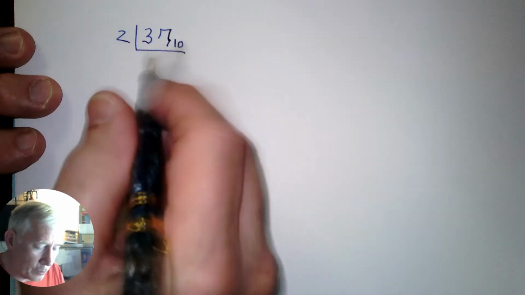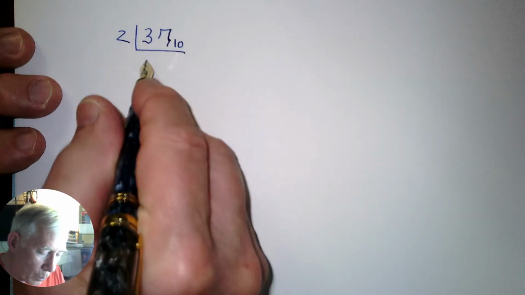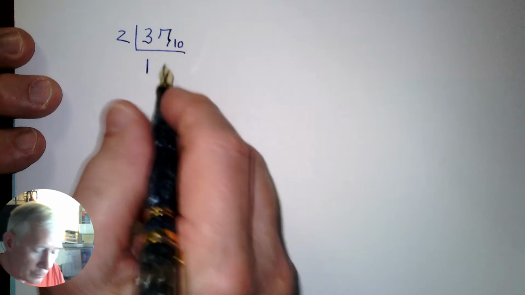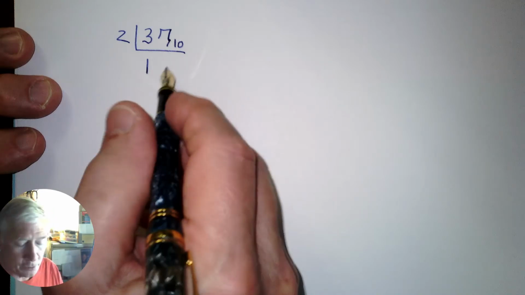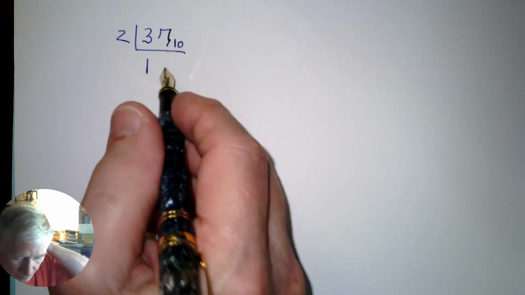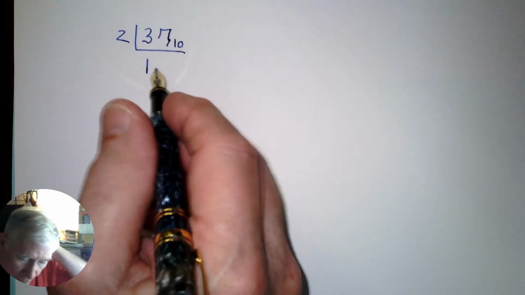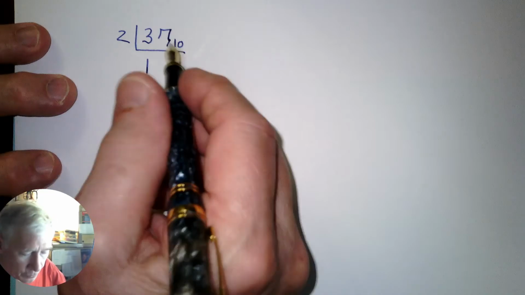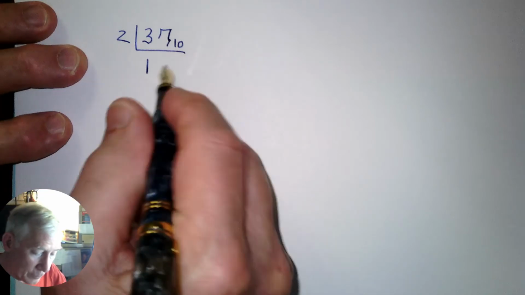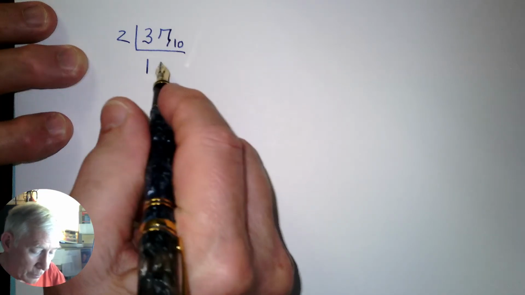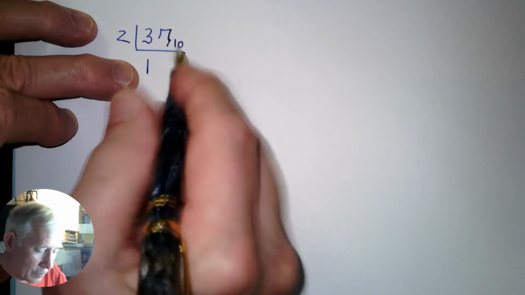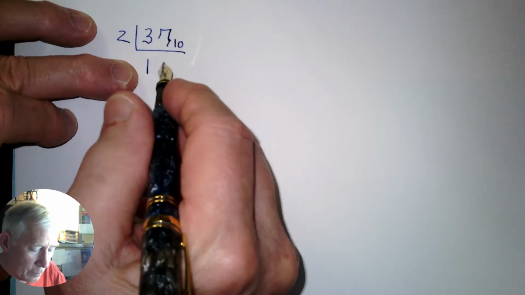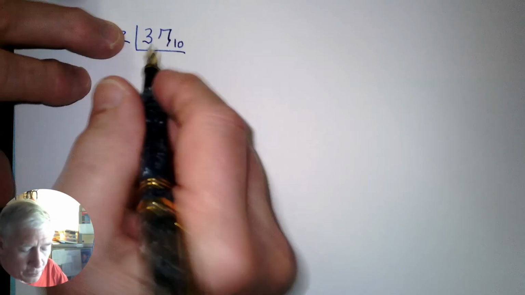So 2 into 37: 2 into 3 goes once, and 2 into 7 goes 3 times. Actually, I just divided in half.